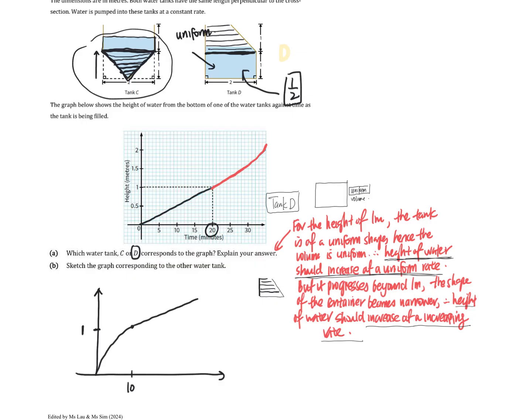Uniform rate. Okay, we don't know what is the time it ends because they never tell us the rate. But the last portion here should be uniform. Increasing constantly. This one is increasing at a decreasing rate.